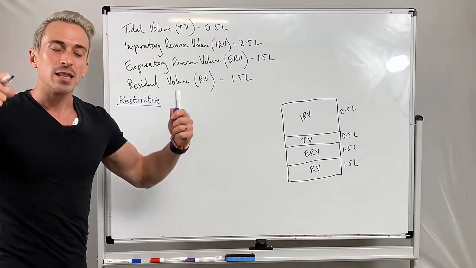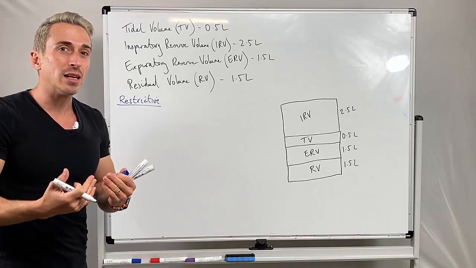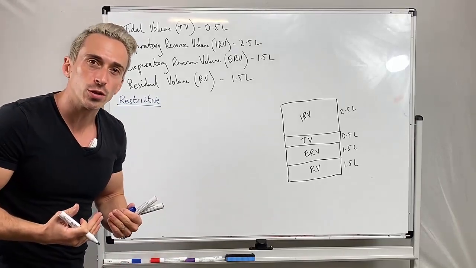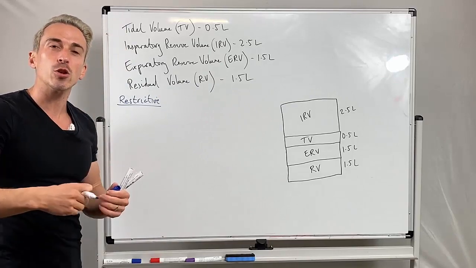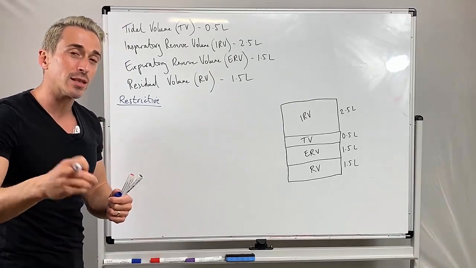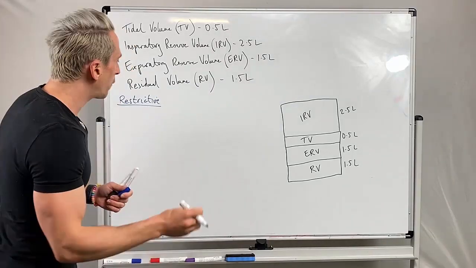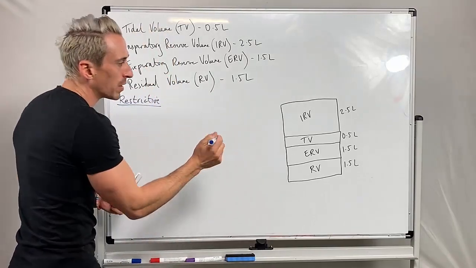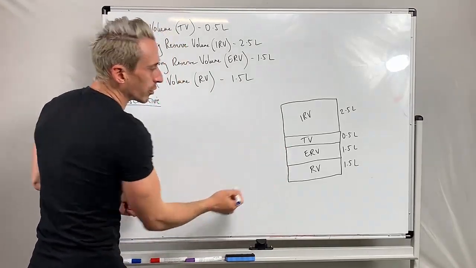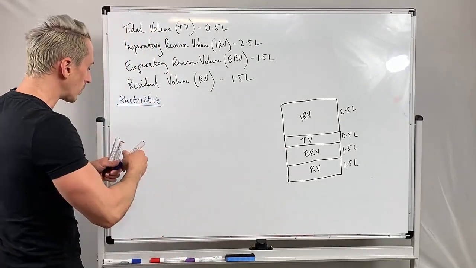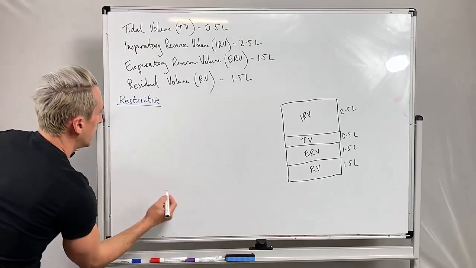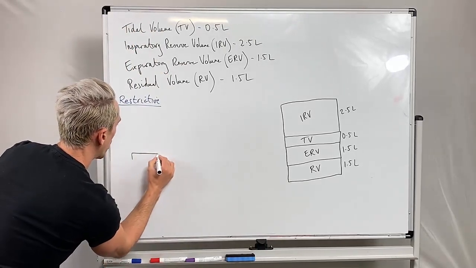So that means the amount of air that you can breathe in is limited, it's reduced, which also means the amount of air that you breathe out is limited to the same degree. So what you're going to find with restrictive disorders is that every one of these volumes is reduced. And so we can just draw it up with a small tidal volume.